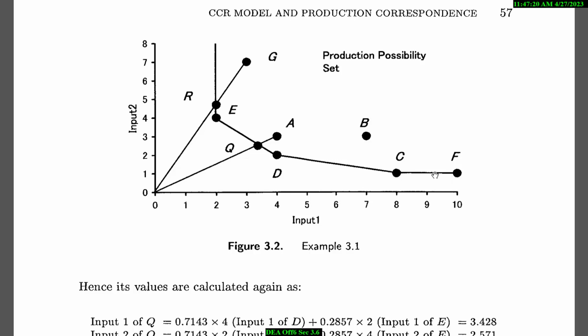This shows the theta star for F is 1, but the slack of the first input is 1 minus 2 and is not 0. The max slack, of course.